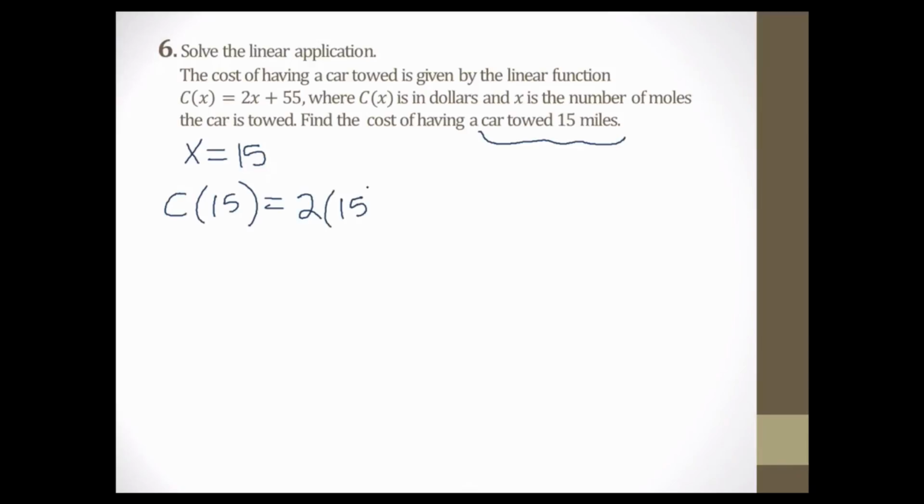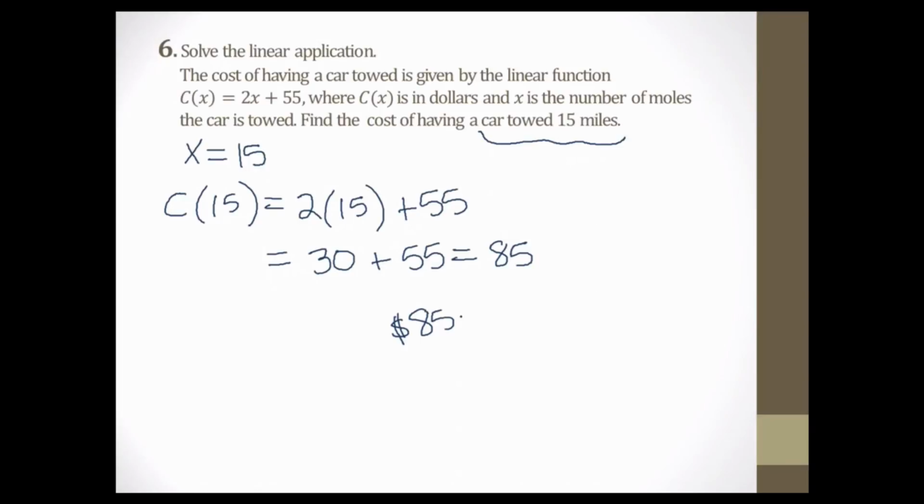So that's just here. 2 times x would be 2 times 15 plus 55. So 2 times 15 is 30 plus 55 equals 85. So the cost of having a car towed 15 miles will be $85. So just make sure that you know which value equals your x and plug it in appropriately.